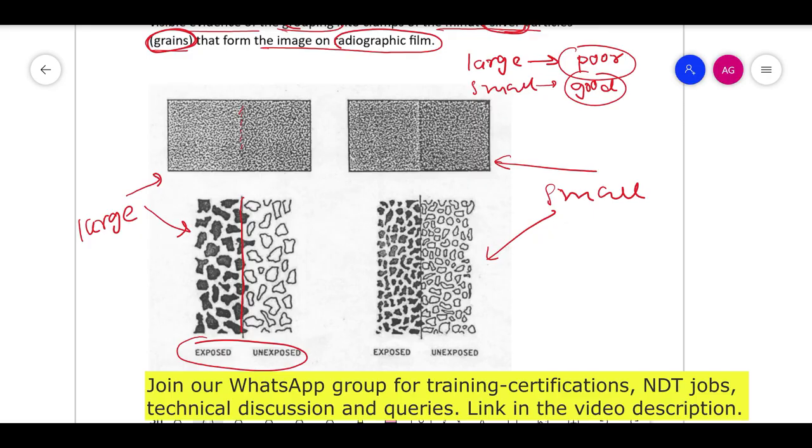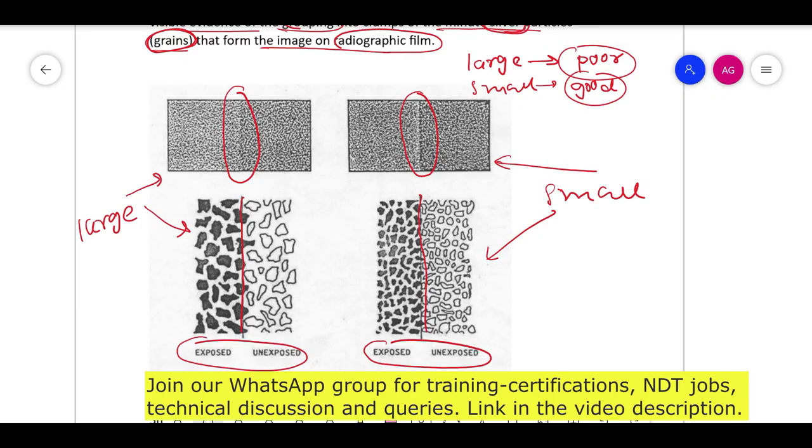Whereas in small grain, this line between underexposed and exposed, you can easily see it in the film. Here you can differentiate this line easily. Whereas in the one on the left side, this line is not available.